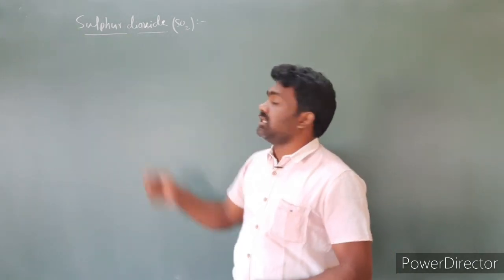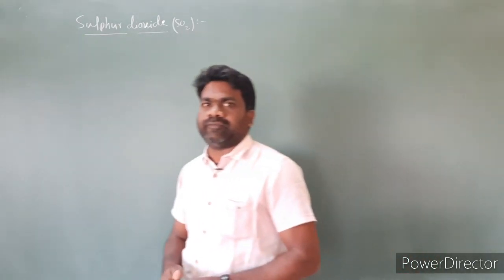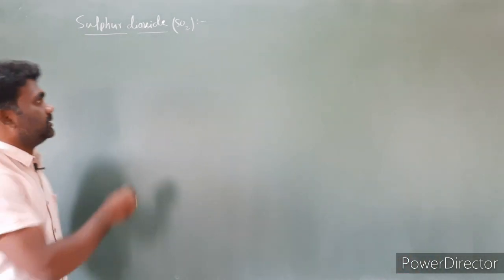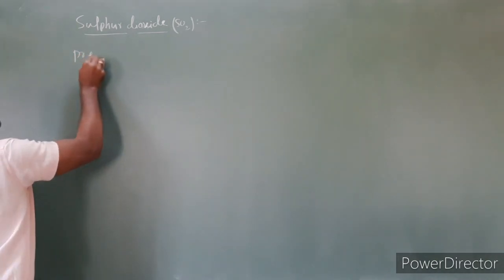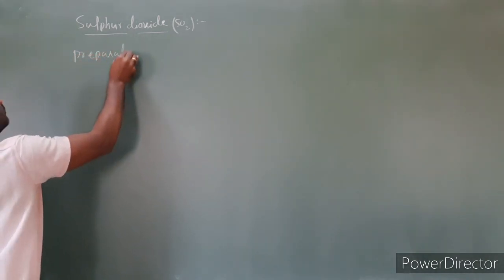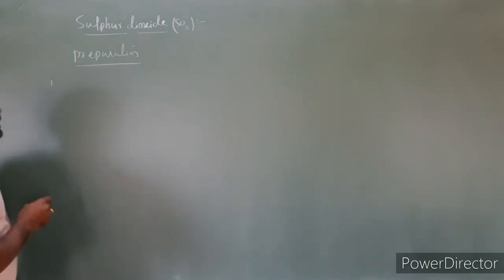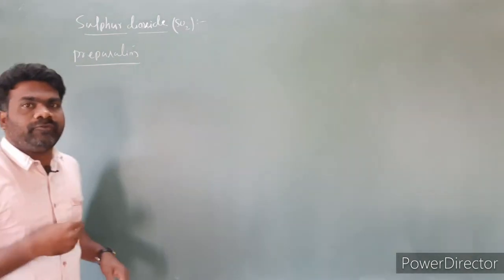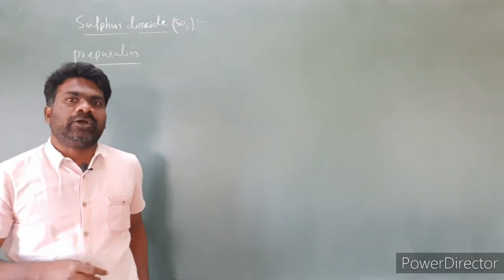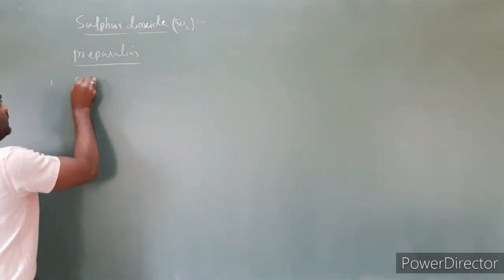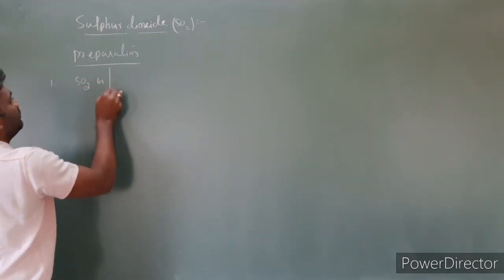Next, sulfur dioxide, SO2. First, preparation of sulfur dioxide. In that first one, SO2 is formed when sulfur is burnt in air or oxygen.